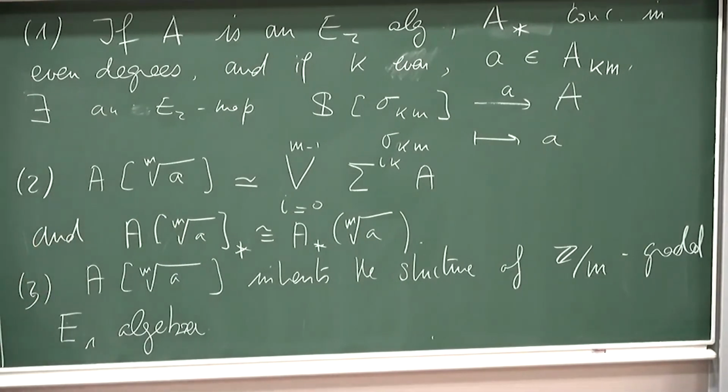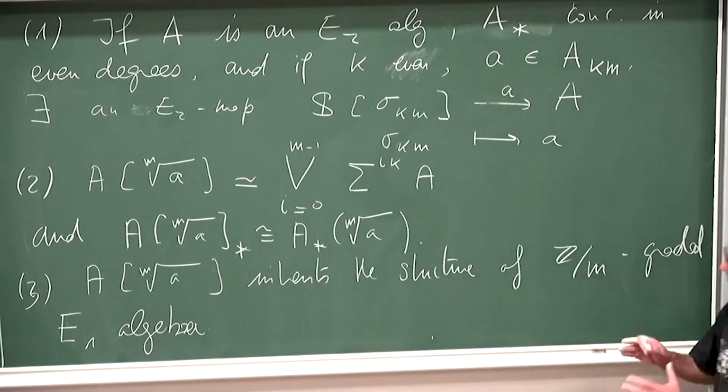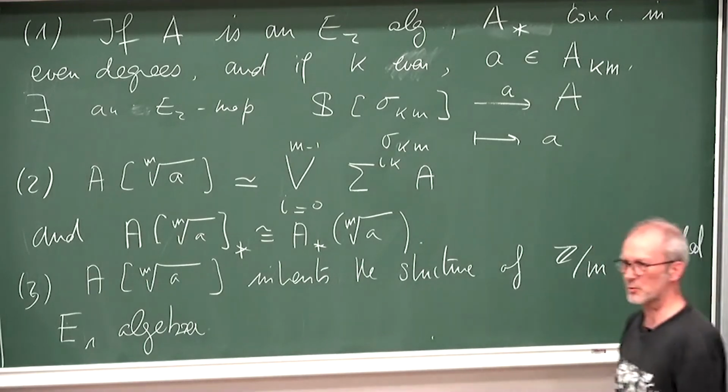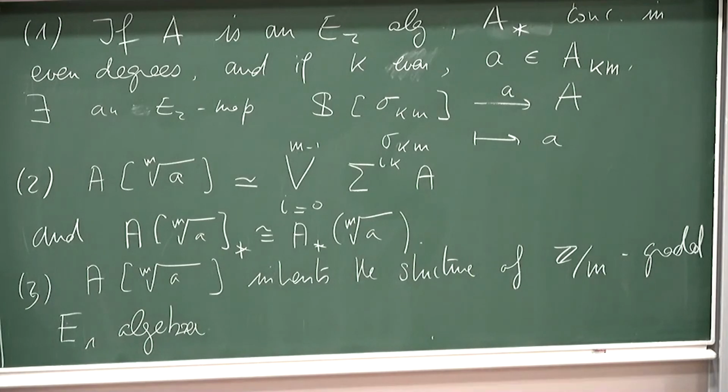So you have a graded object, an E1 algebra in graded spectra, if you want, and at least you still have an algebra.